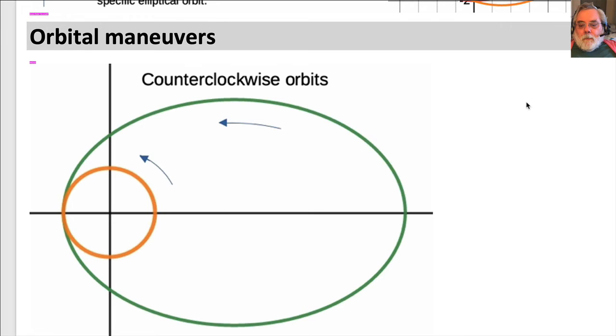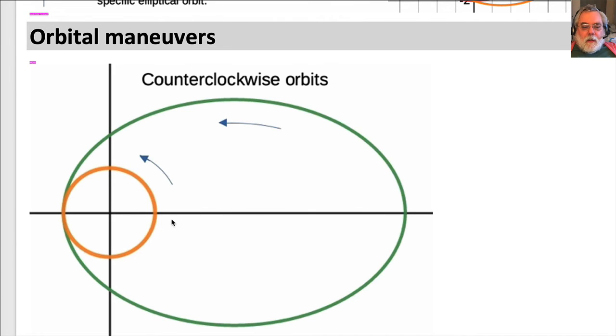Orbital maneuvers to change orbits are complicated. We will only consider the simplest case of applying a short duration of tangential rocket thrust while the radial distance is unchanging.